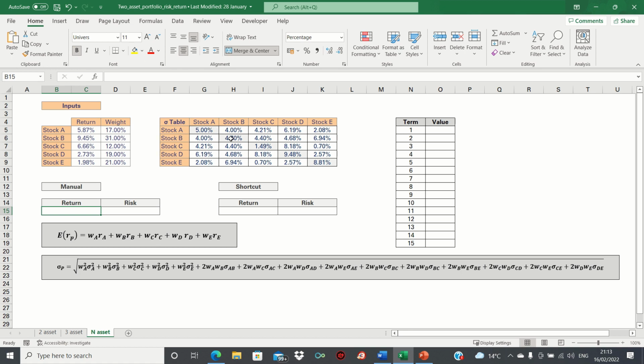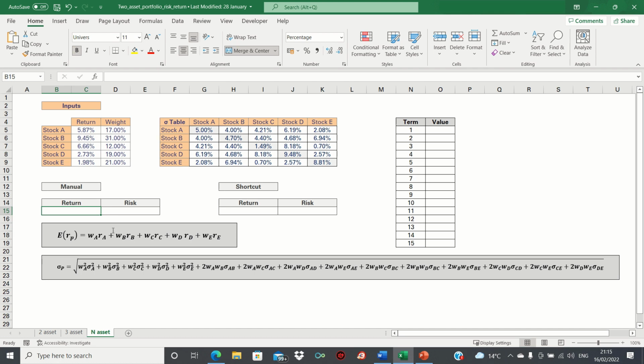Here, the diagonal cells highlighted grey contain the variance of each asset, while the other terms correspond to the covariance between assets. For example, 4% is the covariance of assets A and B. We'll need to use this matrix to calculate the portfolio's standard deviation.